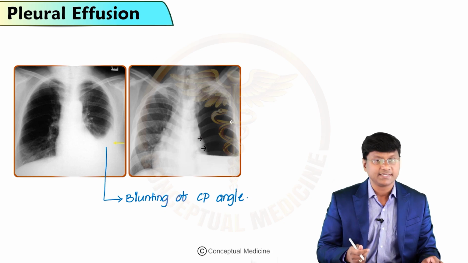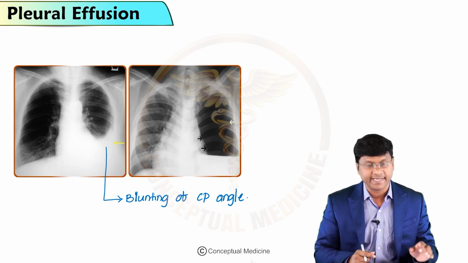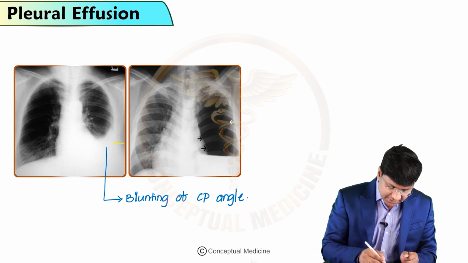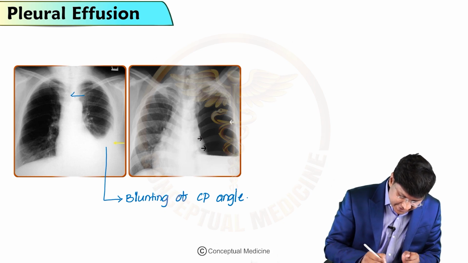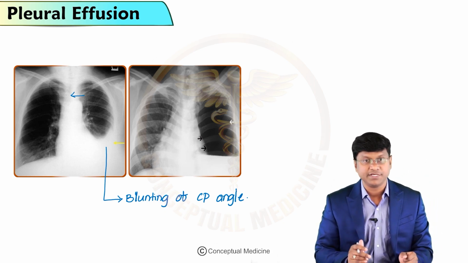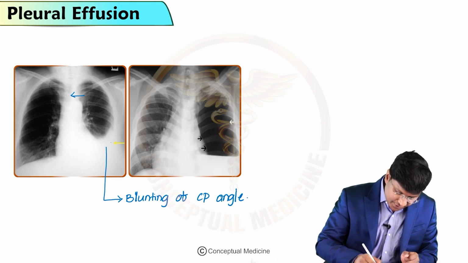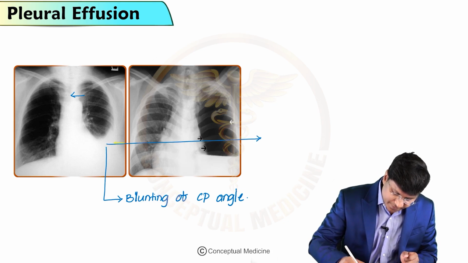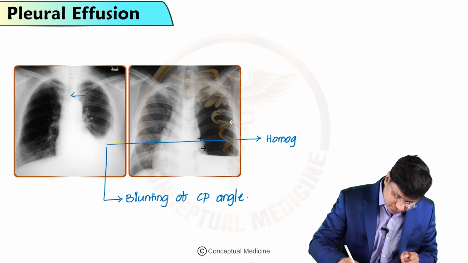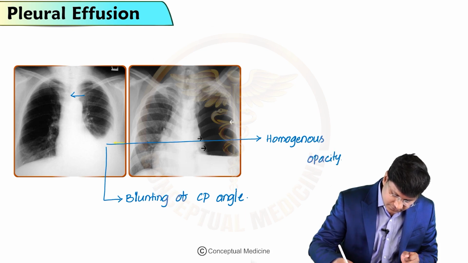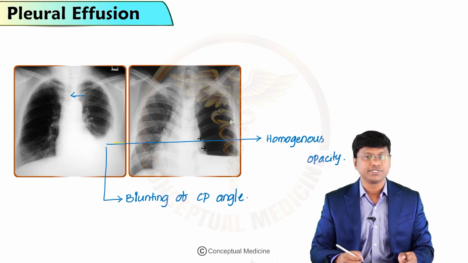And what are the other features that you will have on X-ray of patients with pleural effusion? There can be a shift of the mediastinum to the opposite side, that is, the trachea is shifted to the opposite side, and you have the presence of a homogeneous opacity.